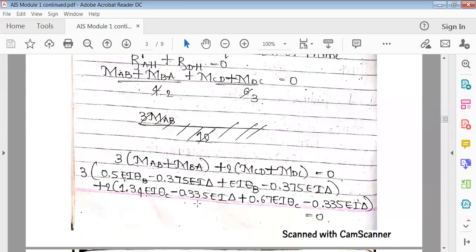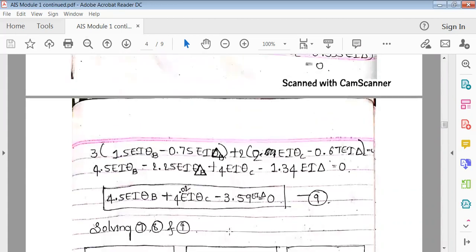Now what you have to do is 3 times MAB, which you already calculated in equation number 1 and equation number 2. Now substitute the values here, and be very careful when solving this because there are too many terms. Similarly, 2 into MCD plus MDC, equation numbers 5 and 6, so 2 times the complete equation, close the bracket.